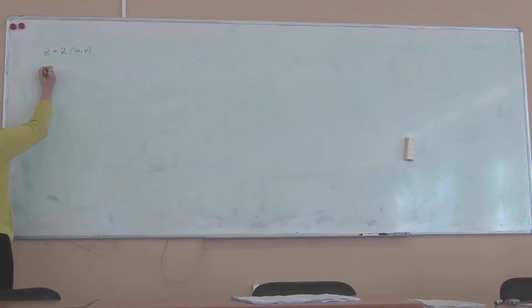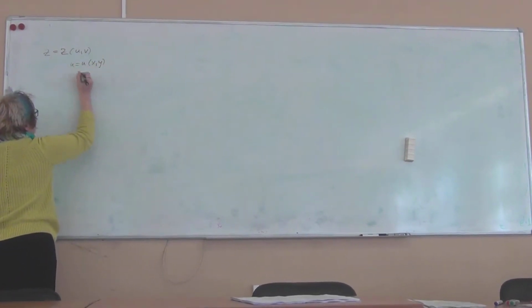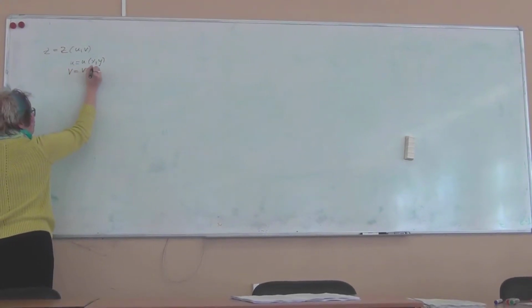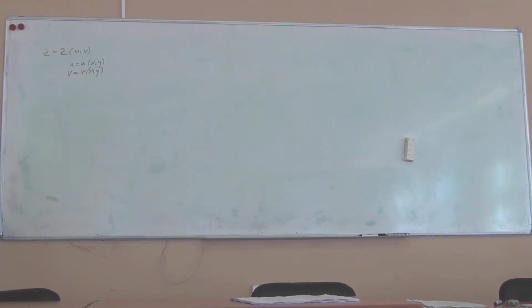So u depends on x and y, and v depends on x and y. Then we have an interesting composite function.